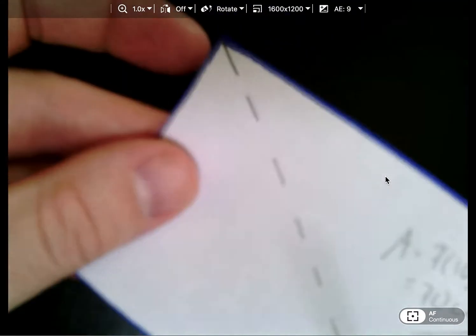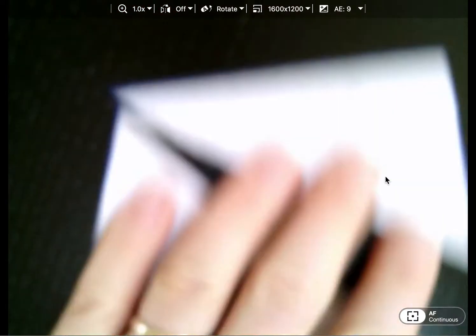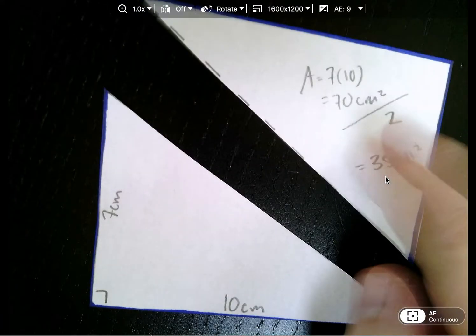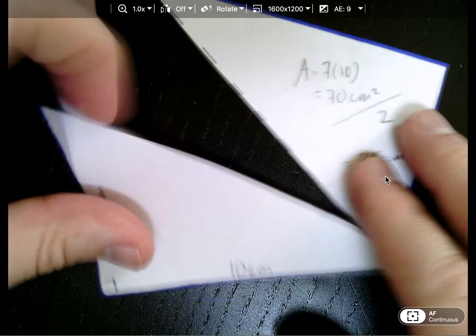We have this rectangle of 70 square centimeters, and then we would cut it in half, and each of these would have an area of 35 square centimeters. And this one matches the triangle that we started with. So that is our formula for triangle. It's 1/2 times base times height.